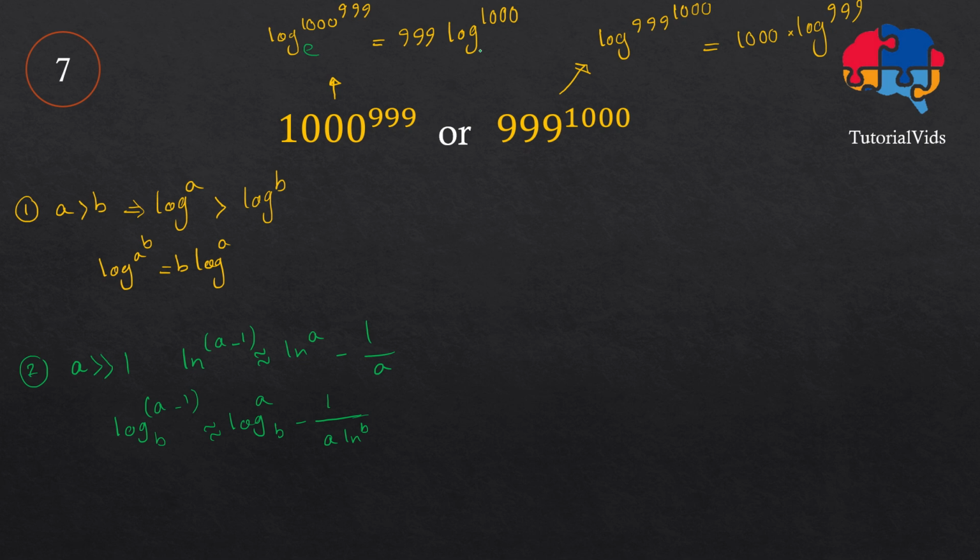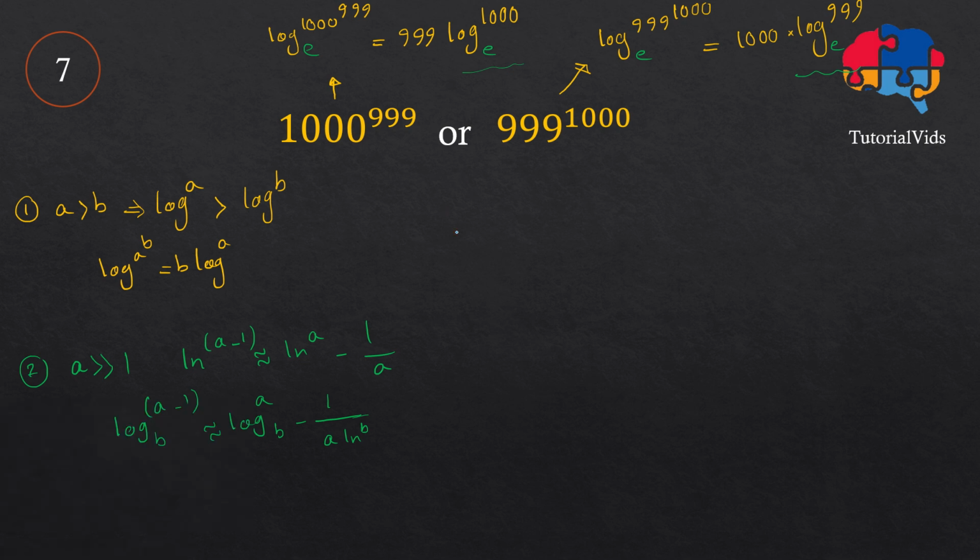So if we take the natural logarithm of the two large numbers, now we have this natural logarithm and this natural logarithm, and I think we can apply this trick here to rewrite the logarithm here in the format of this logarithm. What does that mean?